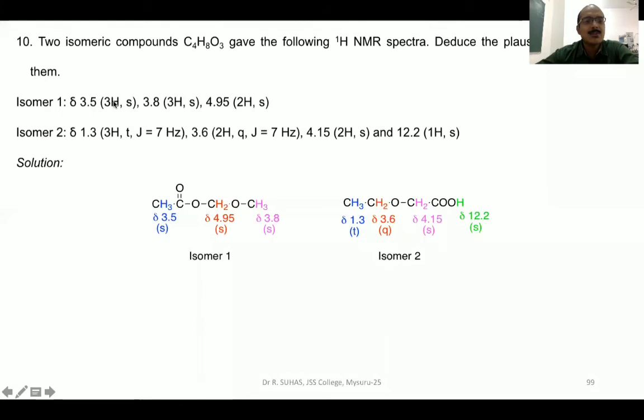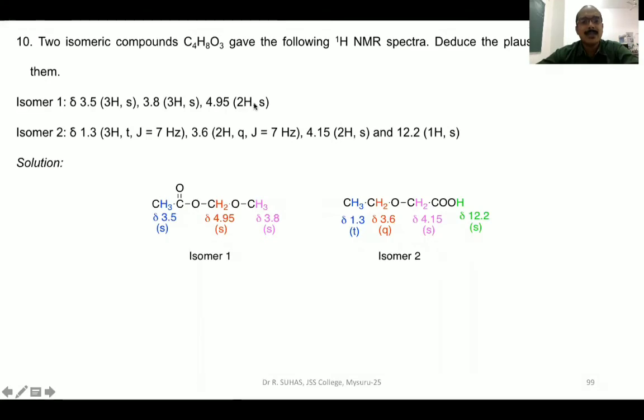Singlet 3H refers to CH3, the delta value is high, and hence it should be an ether-type or methoxy-type function. Another one, 3.8, 3H singlet. So definitely this should be attached to some ester-type or ether-type function. We will see where we can attach 3.5 and 3.8.